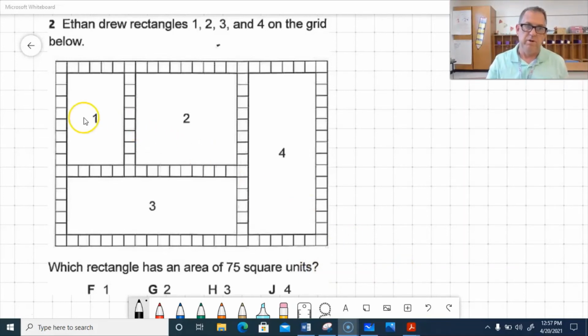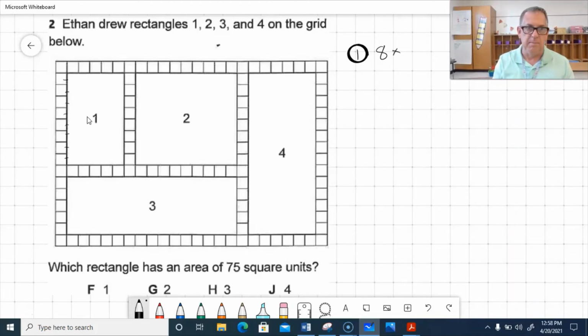So first thing, what is the area of rectangle 1? Okay, let's check that and see. I'll go ahead. So the length is 1, 2, 3, 4, 5, 6, 7, 8. So rectangle 1 has a length of 8.